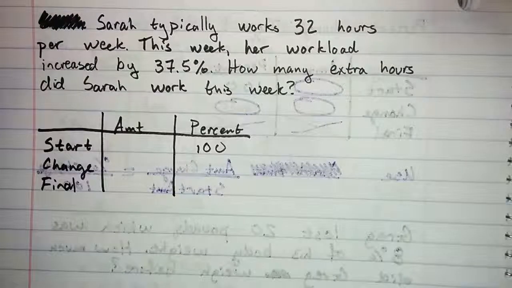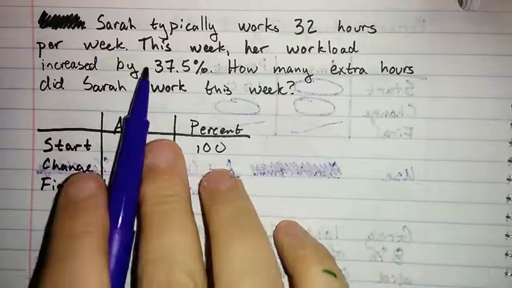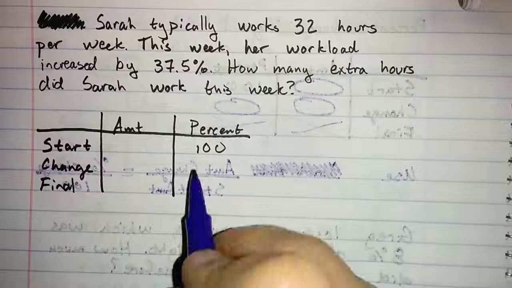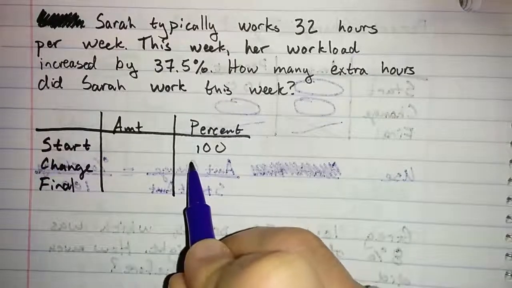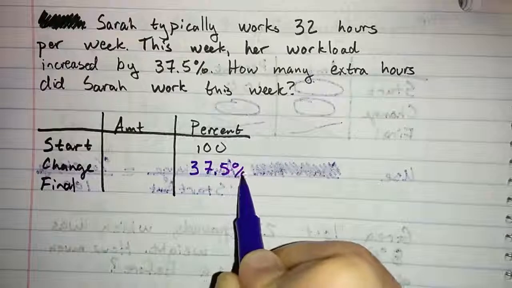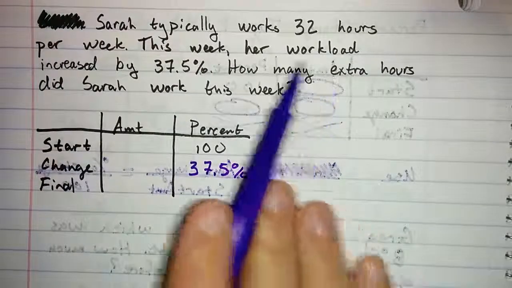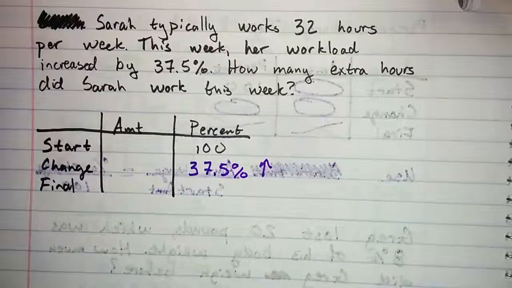Okay, well, let's see. So her workload increased by 37.5%. That tells me that my percent change will be 37.5. And it's an increase. She typically works 32 hours per week.